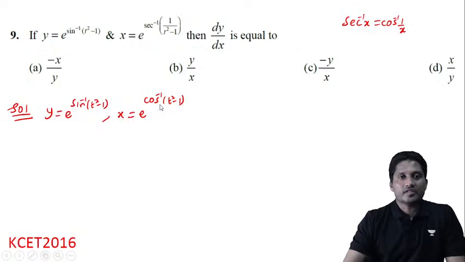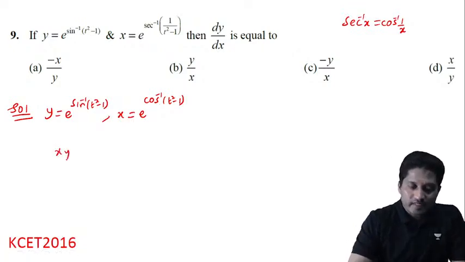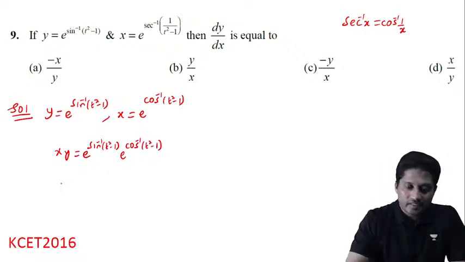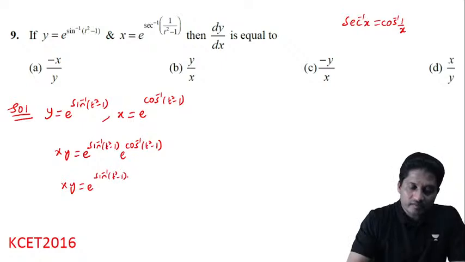Now if I multiply these two, x into y is equal to e to the power of sine inverse of (t square minus 1) into e to the power of cos inverse of (t square minus 1). Right, powers are added. x into y is equal to e to the power of sine inverse of (t square minus 1) plus cos inverse of (t square minus 1).